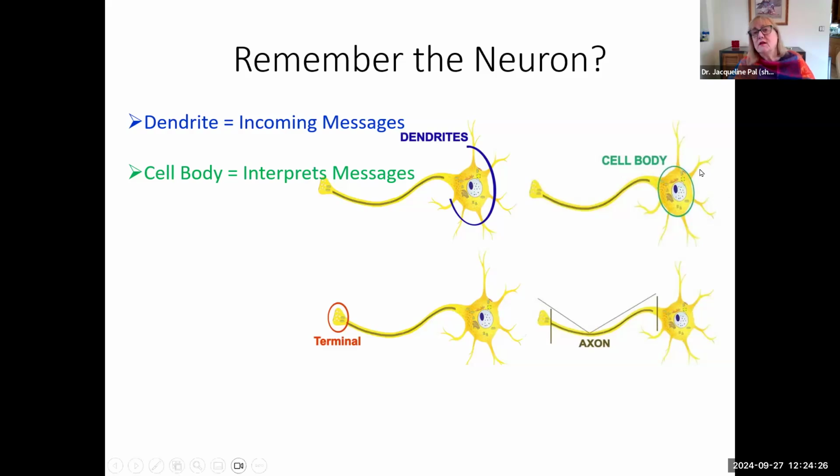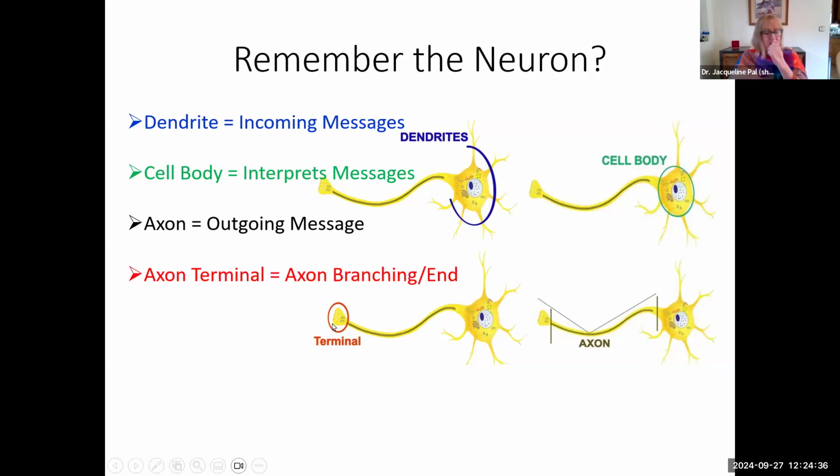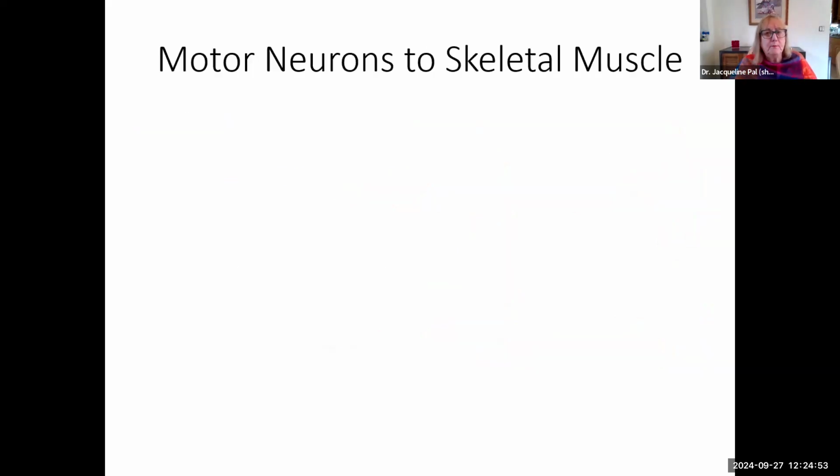So it interpreted, oh, it's hot. Then it sent an outgoing message down the axon saying it's hot. At the end of the axon, we had an axon terminal where that axon branched into up to 100 little branches. And this was the end, the terminal, the end point of the axon. But it's not just a flat end, it actually branches down there.